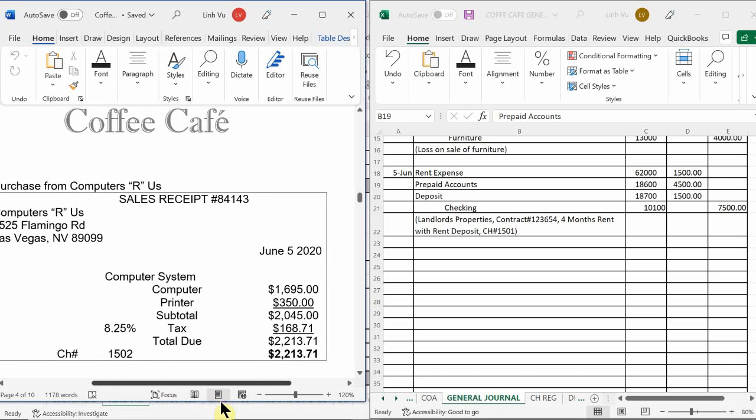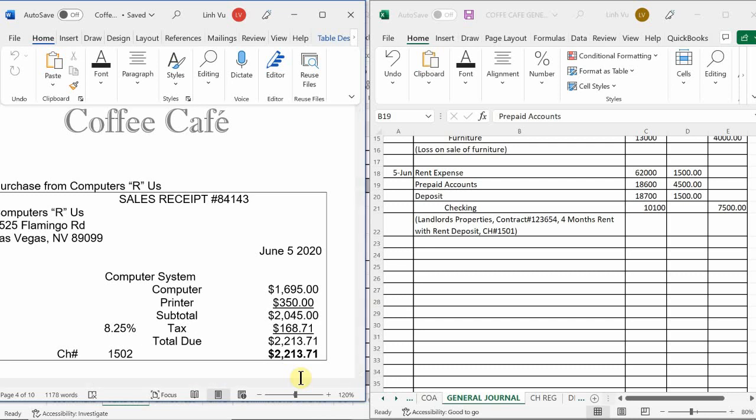We bought a computer and a printer, the subtotal was $2,045, and we got taxed $168.71, so the total amount due is $2,213.71. We paid using a check, number 1502, and that went through. So let's figure out what we did.